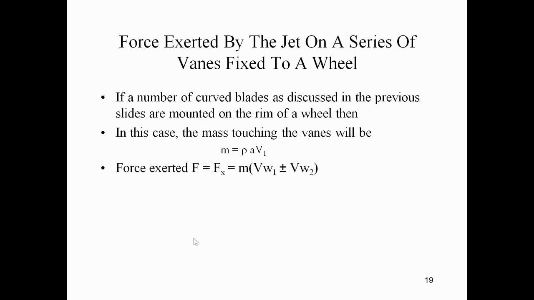Next, the force exerted F is equal to Fx in the x direction, equal to m into (Vw1 plus or minus Vw2). Since m can be replaced with rho A V1, this gives rho A V1 into (Vw1 plus or minus Vw2).